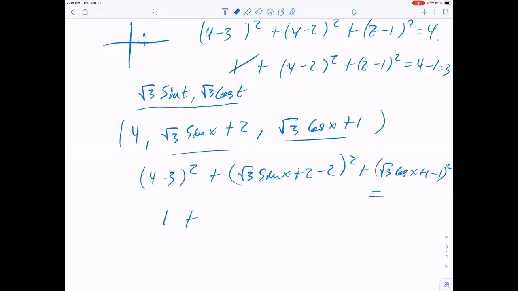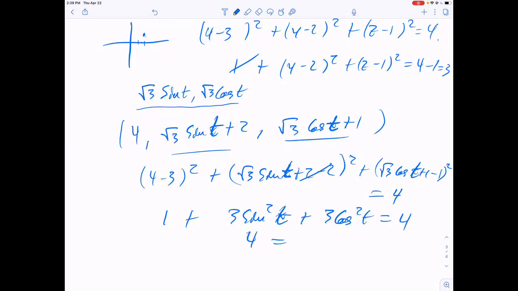So that's 1 plus, so these guys cancel and we get 3 sine squared t. I should be using t's. That's a mistake. I switched somewhere. We get 1 plus 3 sine squared t plus 3 cosine squared t is equal to 4. And then we get 4 is equal to 4, right? So we know that this parameterization is valid.